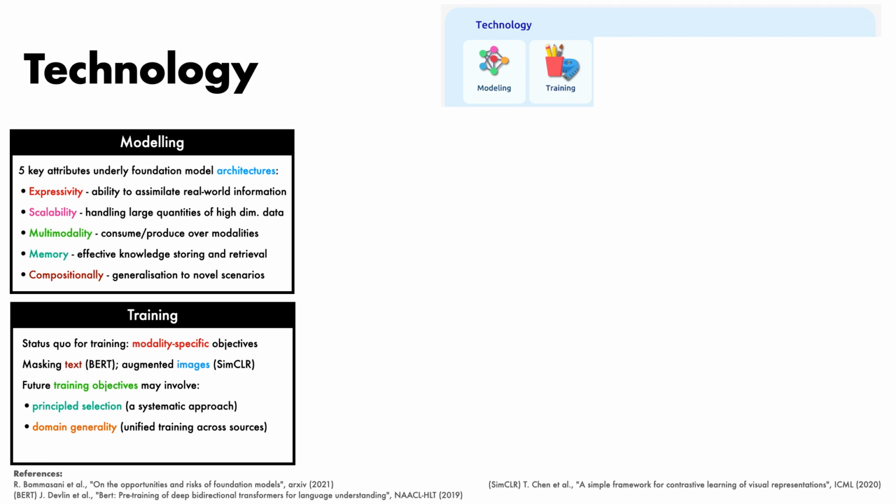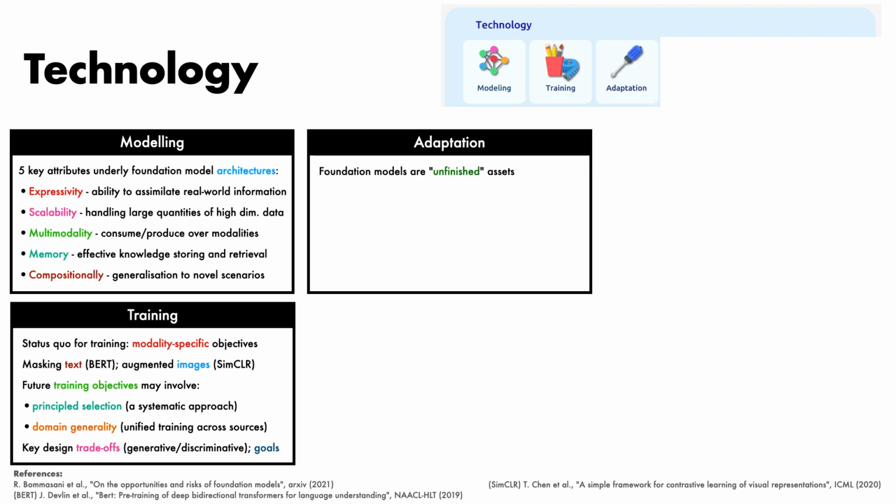When choosing objectives, there are several key design trade-offs to be considered, such as the choice as to whether to do generative or discriminative training, or how to represent input data. Future training objectives for foundation models may involve more explicit representations of goals themselves.